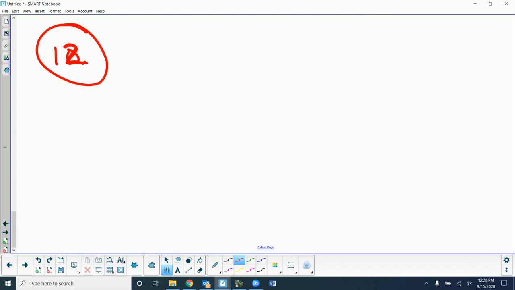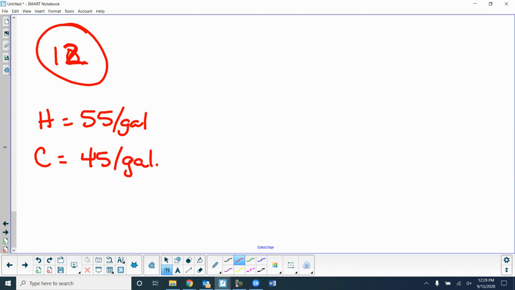But highway is 55 miles per gallon, and city is 45, right? So if we do X gallons on the highway, how many gallons are left for the city?